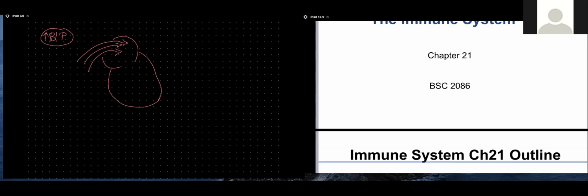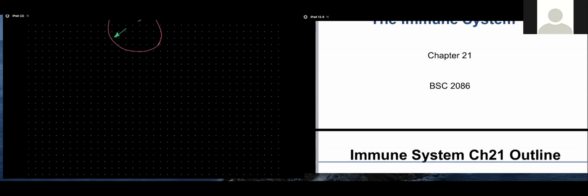So getting increased venous return, increased blood movement back to my heart, this will cause a stretch of my atria, stretch of my ventricles. This increase in the degree of stretch will allow the atria to release atrial natriuretic peptide.